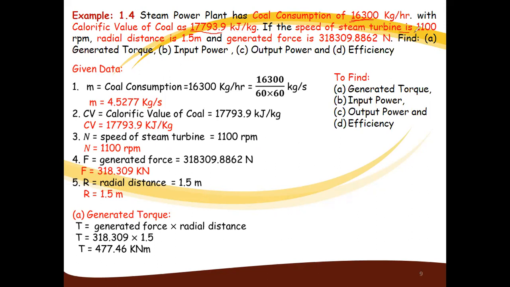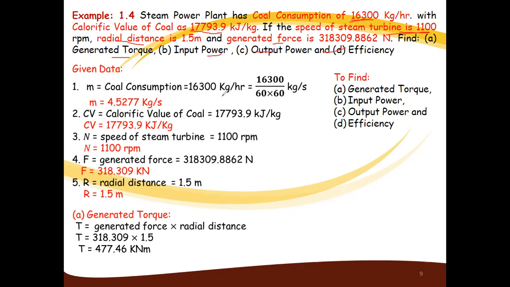Speed of turbine is given, that is 1,100. Here a radial distance and generated force is given. So torque is not given. So torque is nothing but force into distance. That is the formula we have to use. So we have to find out this generated torque, input power, output power, and efficiency.